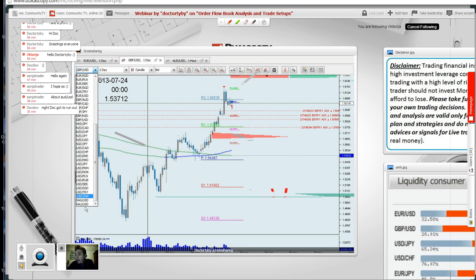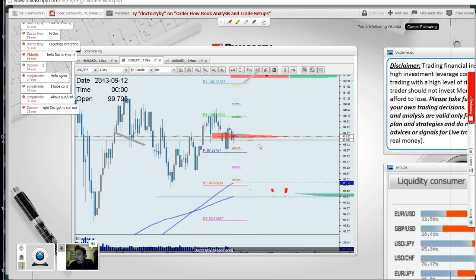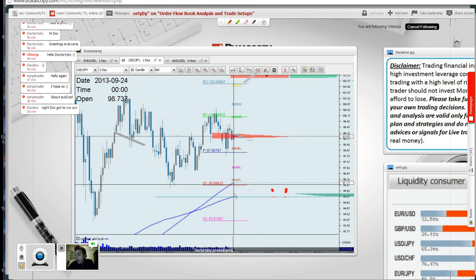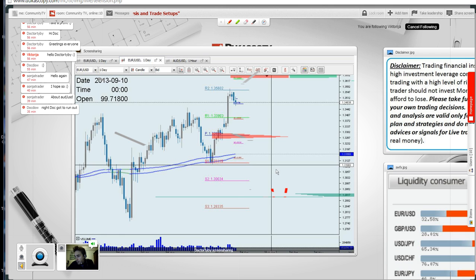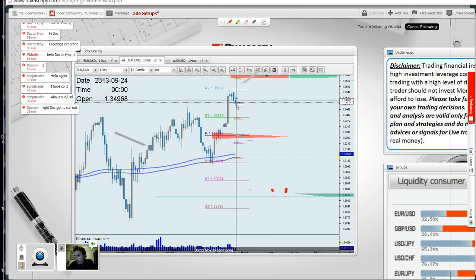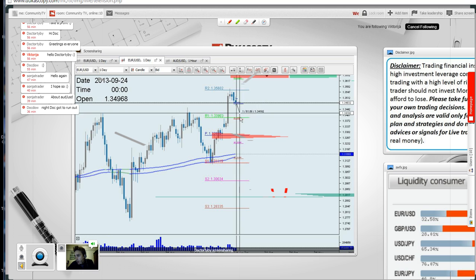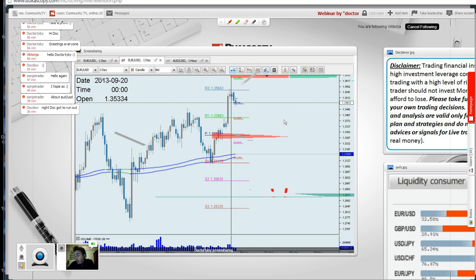Okay, if I look on US dollar Japanese yen, just as expected, no important signals here. The consolidation will continue on the daily. Euro dollar, also not any important signals here. Higher probability for a lower pullback to 1.34 before a continuation, even if it goes higher.